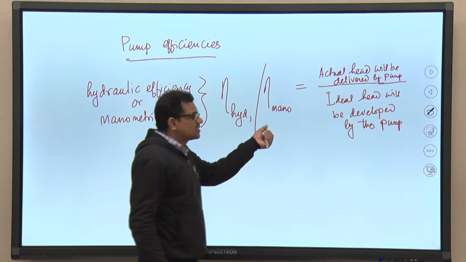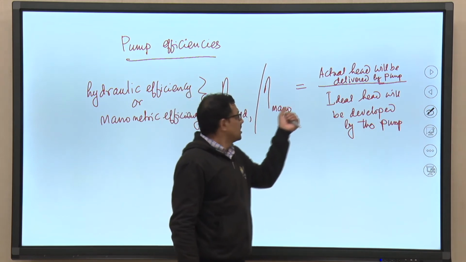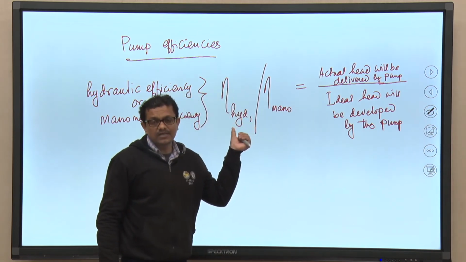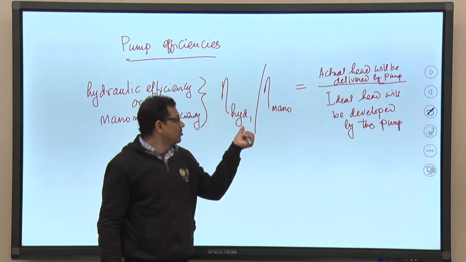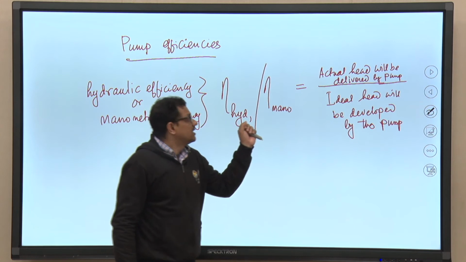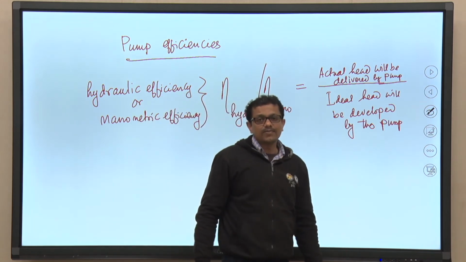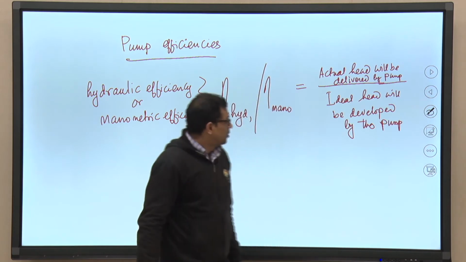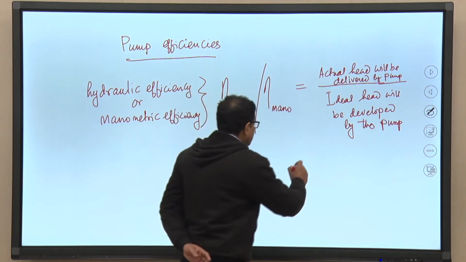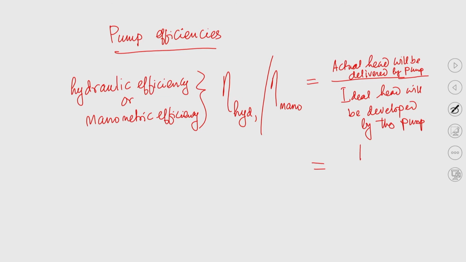If we introduce this efficiency, we can understand efficiency cannot be 100%, that we have learned from the thermodynamics course, right. So, it will be always less than 1. In that case, actual head developed by the pump will be always lesser than the ideal head. So, if we write that this is actual head and this is the ideal head, right.